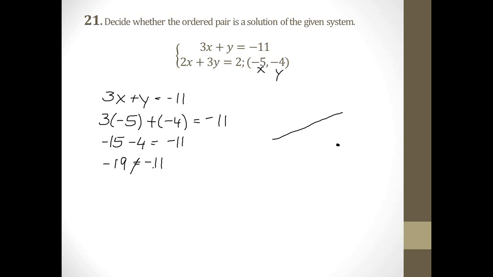But as soon as you get a not equal to, then this is not a solution. Let's quickly check which letter that is in your packet. That should be answer choice A. Not a solution.